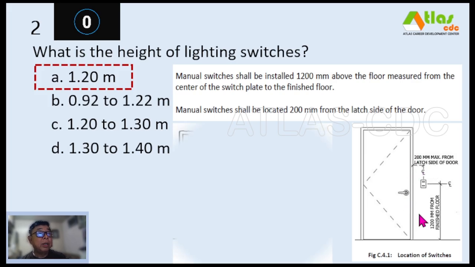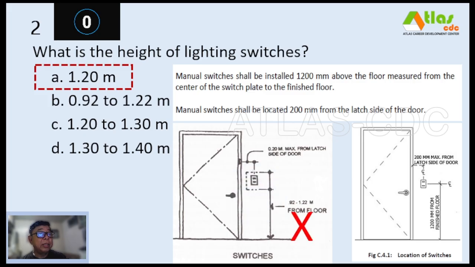Now, according to the old one, the switch location is 0.92 to 1.22 meters. So now, instead of this range, it is now fixed at a distance measured from the floor, 1.2 meters to the center of the switch plate.